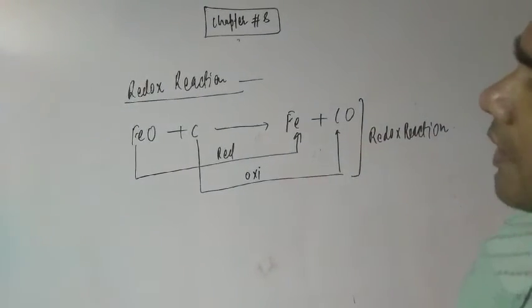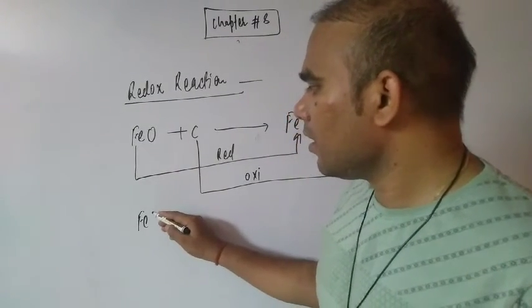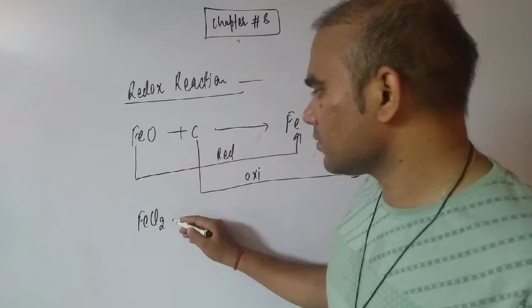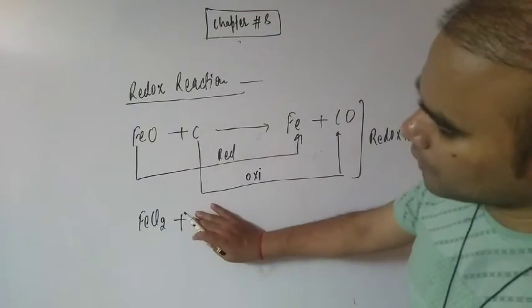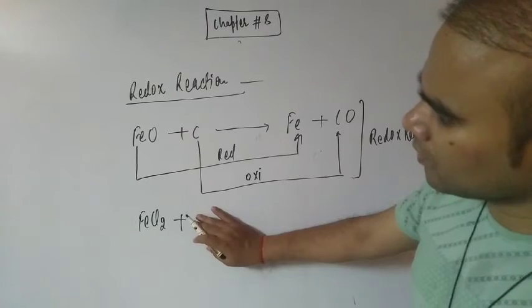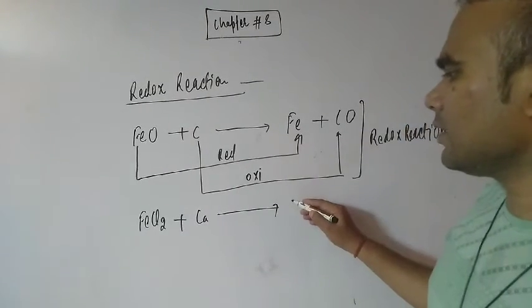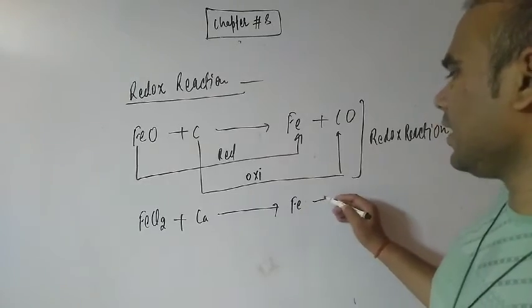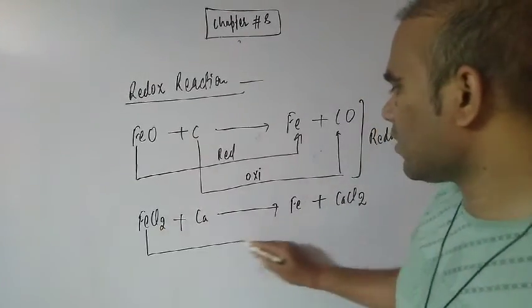Suppose you are taking another example, student. FeCl2 is there, and you are going to treat it with calcium. So what is happening, student? It is converting into Fe plus CaCl2. So you check it out, student.